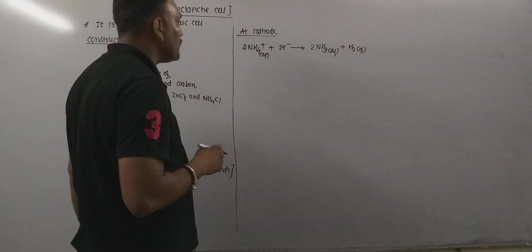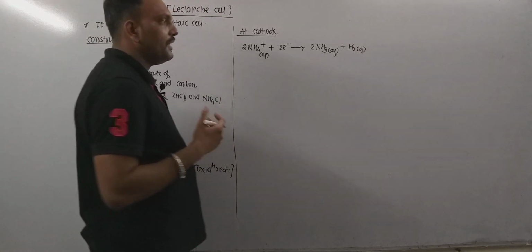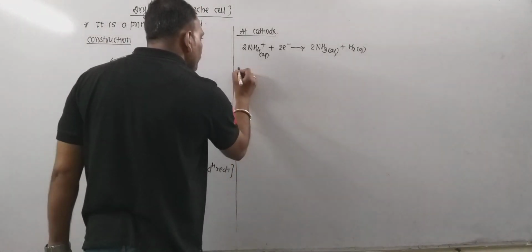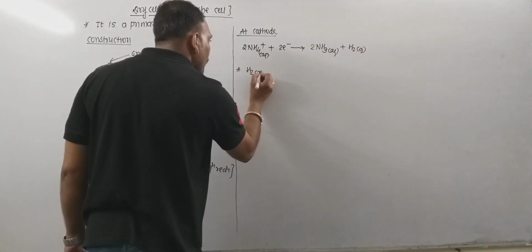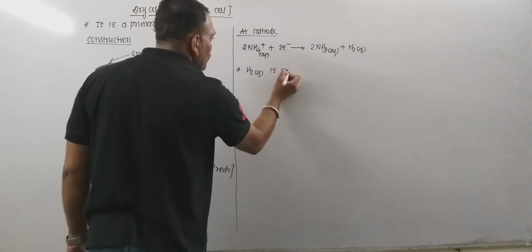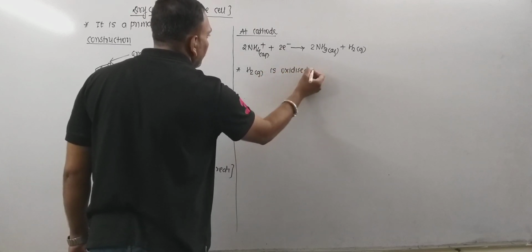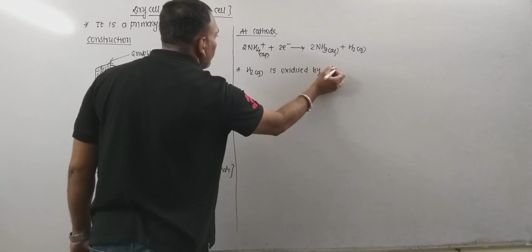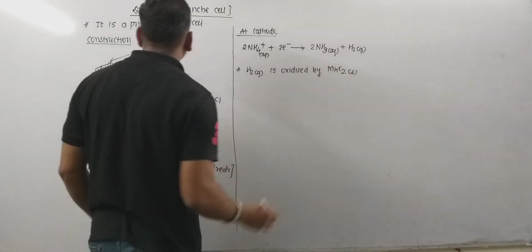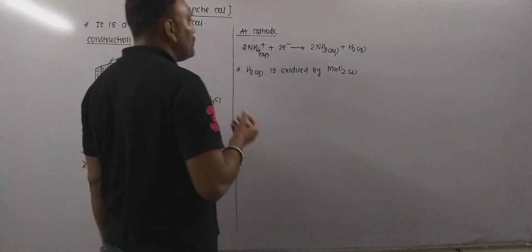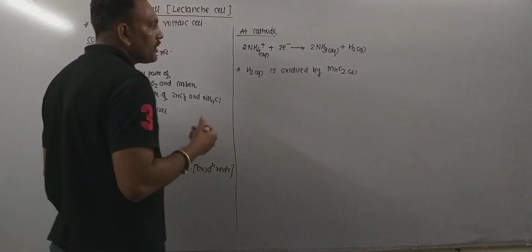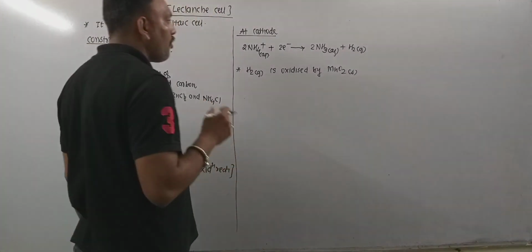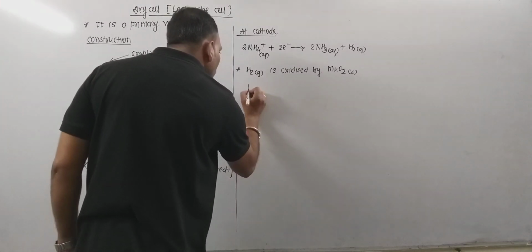Now the question is, what happens with the hydrogen? Remember, the hydrogen gas formed is oxidized by MnO2 solid. So MnO2 dry paste, whatever we have used in this cell, what is the role of it? MnO2 oxidizes the hydrogen so produced.